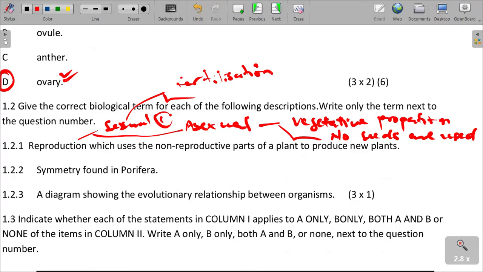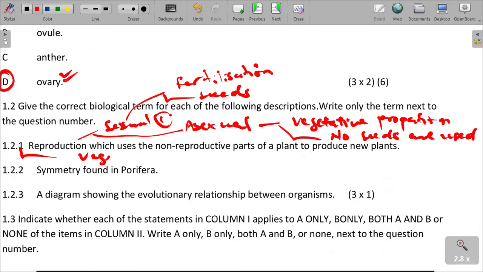It looks into seeds. And if you understand very well, the reproduction which uses non-reproductive parts of the plant is called what?